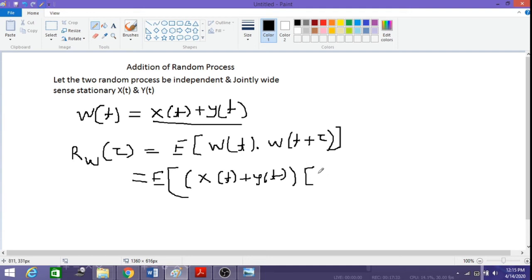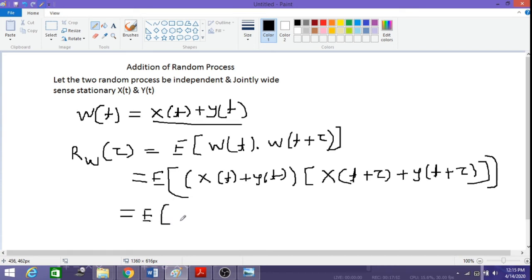So here we have x of t plus tau plus y of t plus tau. Now if you open up the brackets and take this expectation, what do we get? So let us open up the bracket.